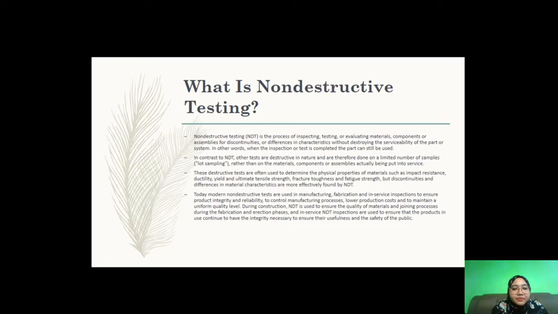Non-destructive testing is used to ensure the quality of materials and joining processes during the fabrication and erection phases. In service, non-destructive testing inspection is used to ensure that products in use continue to have the integrity necessary to ensure their usefulness and the safety of the public.